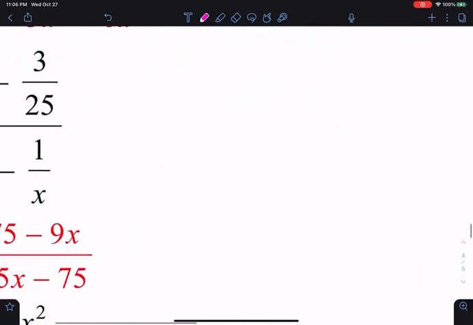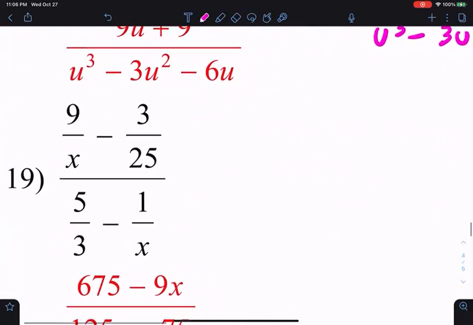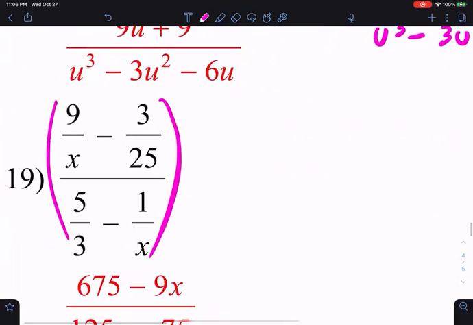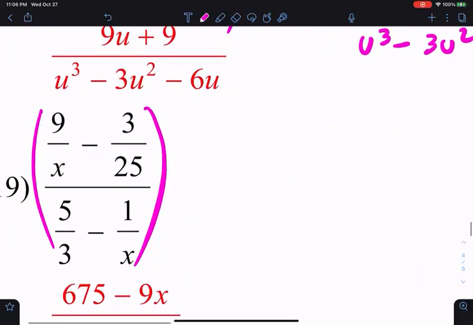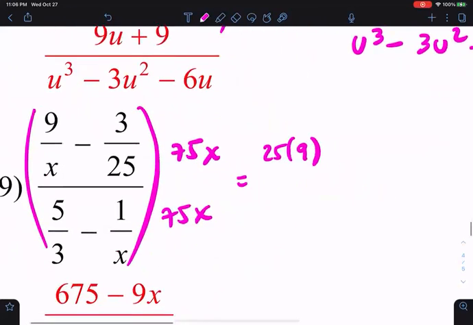Okay, 19. So here, we can multiply by the common denominator, which will be 75x, right? So if we do that, we get here 25 times 9.